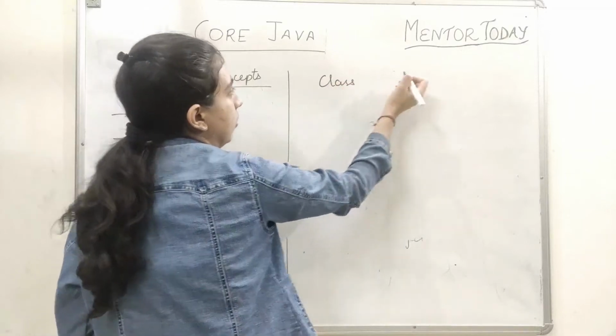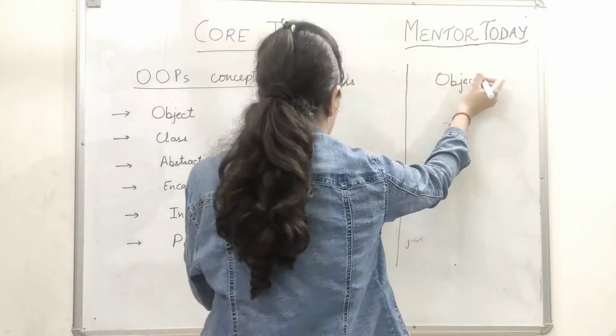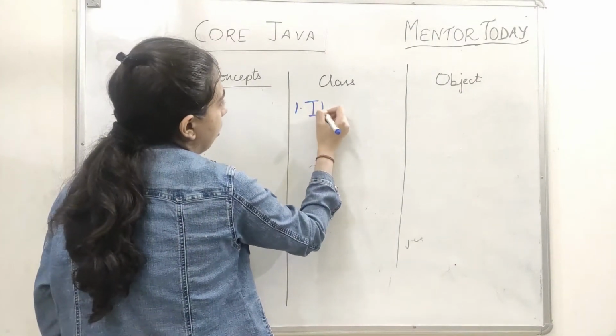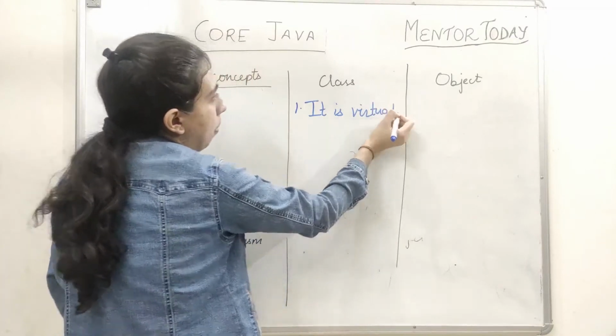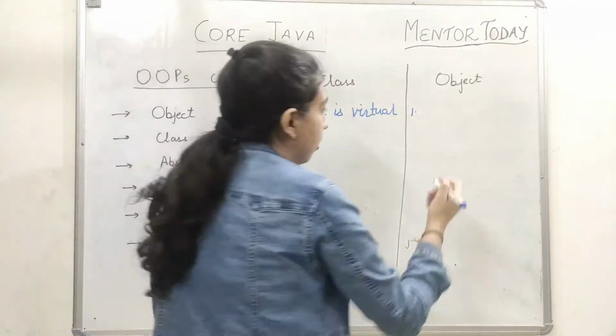Okay, so I'll differentiate class and object quickly. Class and object. So class was a prototype, so it is virtual, it's not real. But object, as we defined in the definition, was a real world entity, so it is real.